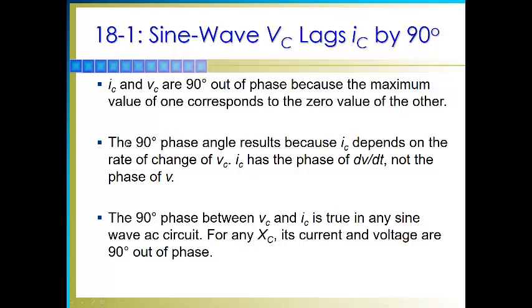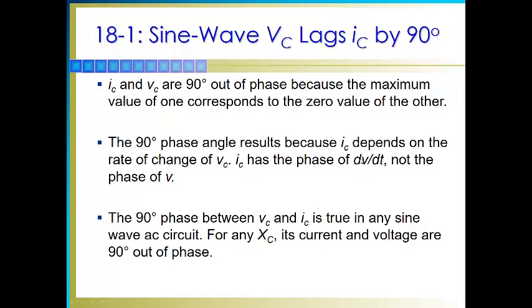The 90 degrees phase angle results because the current in the capacitor depends on the rate of change of the voltage. It does not depend on the voltage itself, but on the rate of change of the voltage.